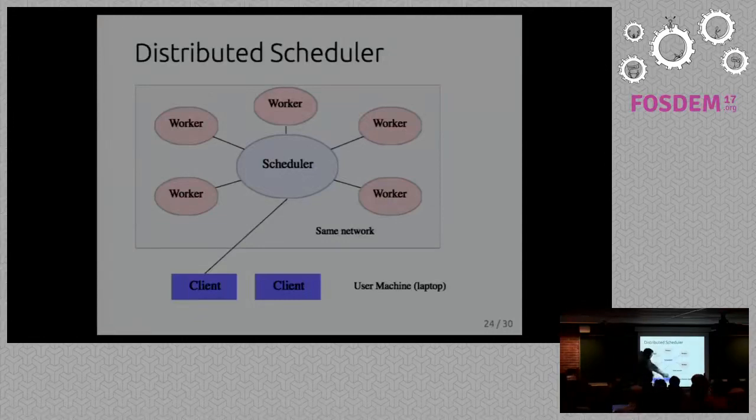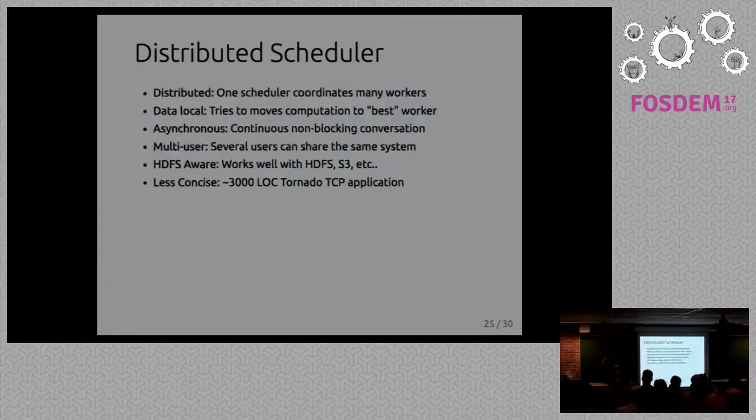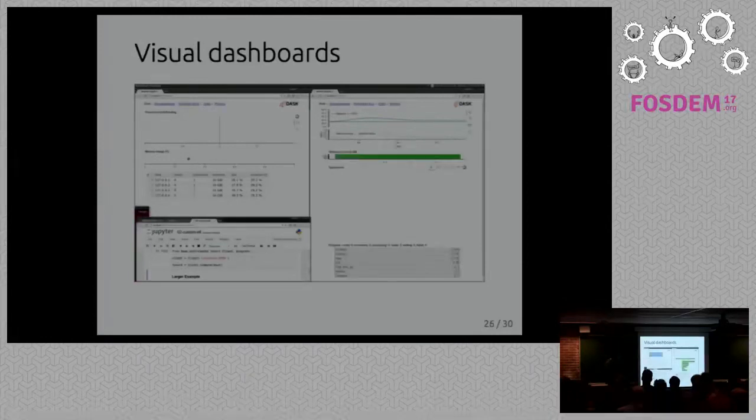With the distributed one, you build a task graph on your own machine, but the scheduler can be on a remote cluster with many workers. The distributed scheduler tries to optimize, because the data will be spread over the different workers, so that the computations happen where the data are.